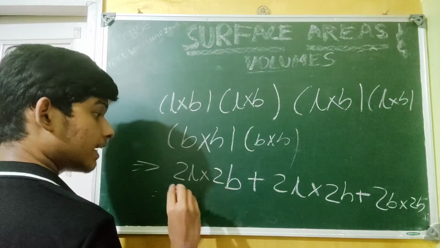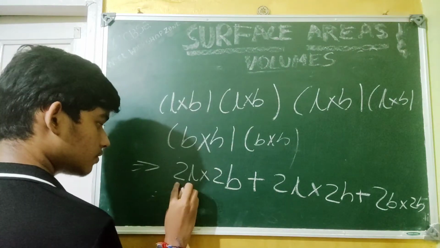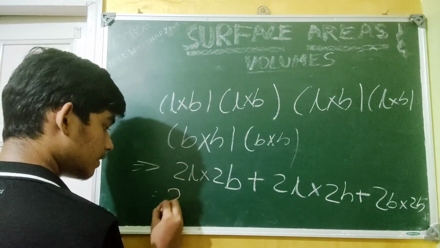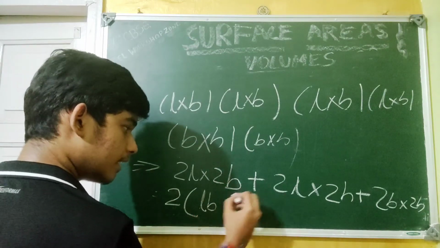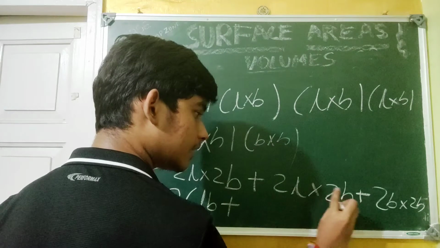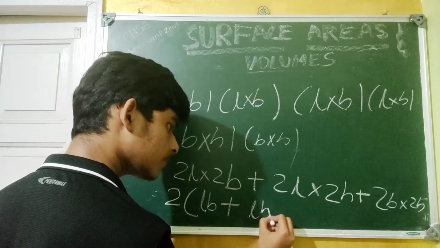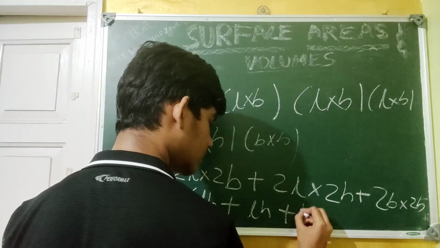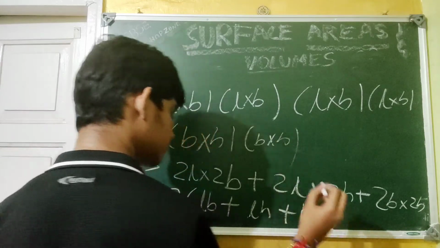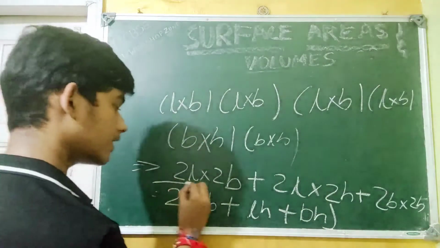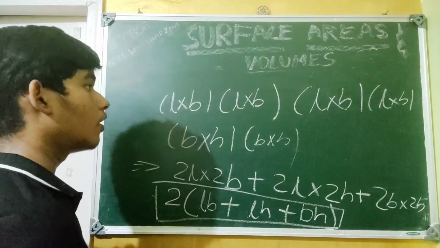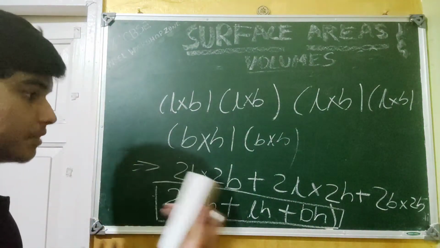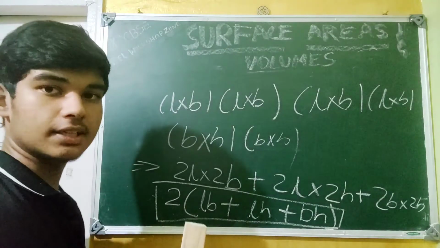Now we can take 2 as common in all of this, so we get 2 into L B plus L H plus B H. This is the final formula that we use for finding the surface area of a cuboid.